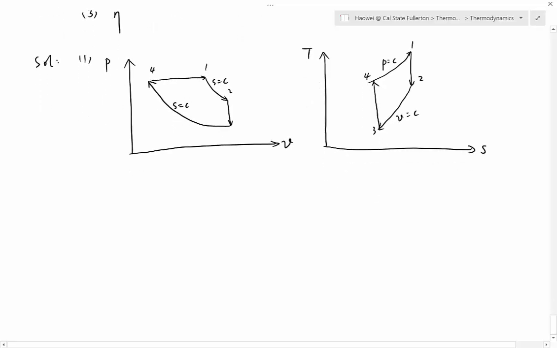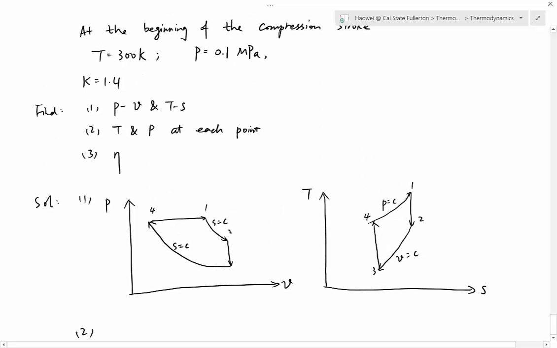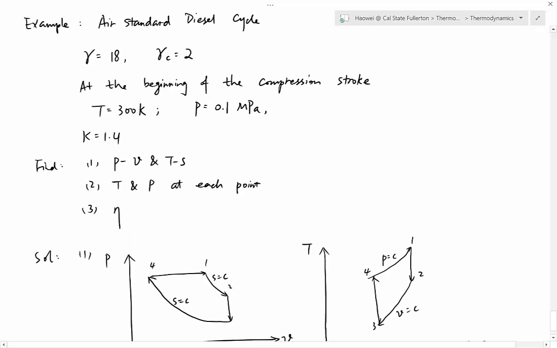And then part 2. Part 2 is to look for the temperature and the pressure of every single point. And actually, we are given the temperature and the pressure of one point. But the question is, which point is this? The problem says the beginning of the compression stroke. Compression stroke is process 324.